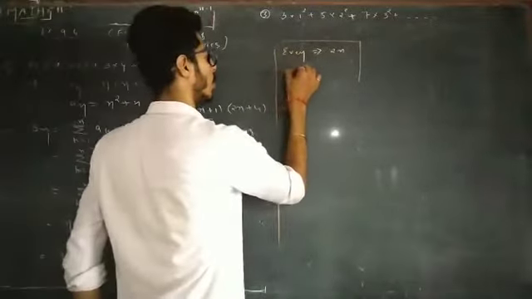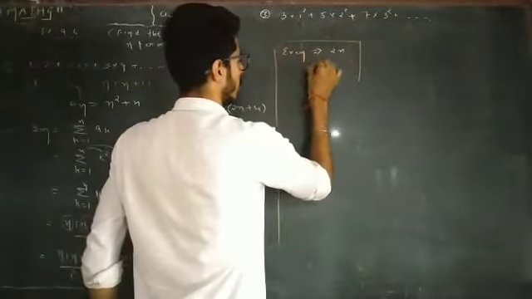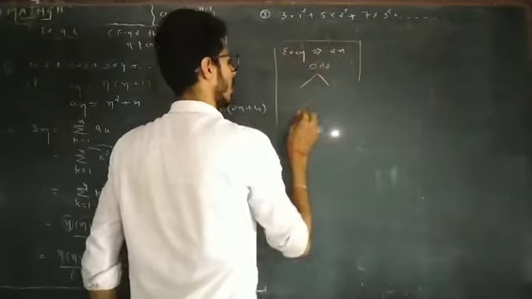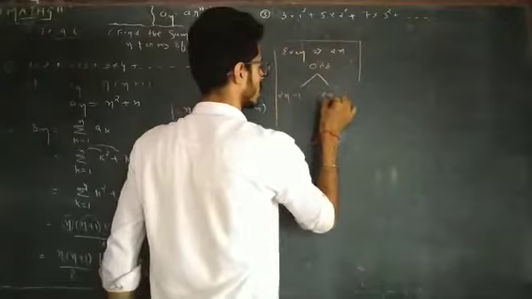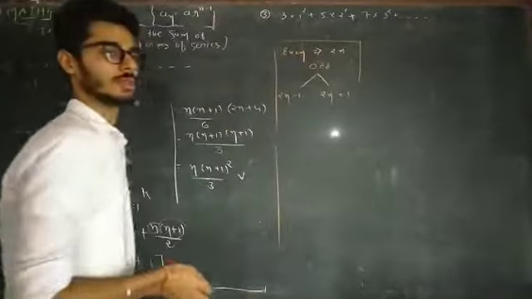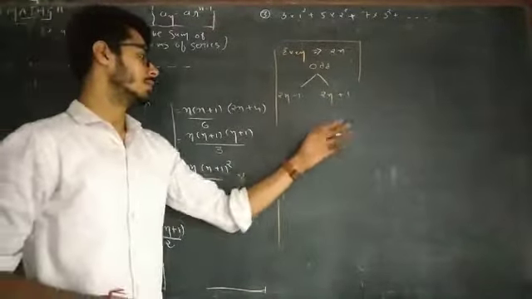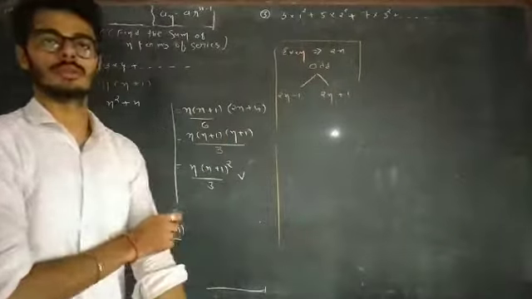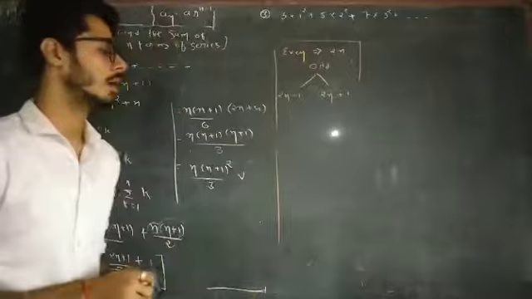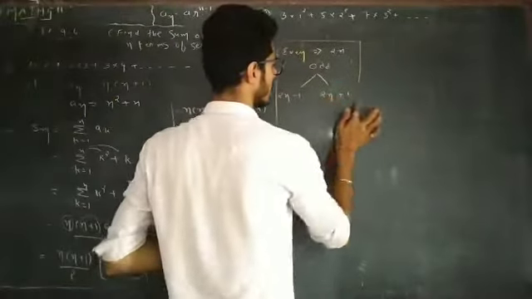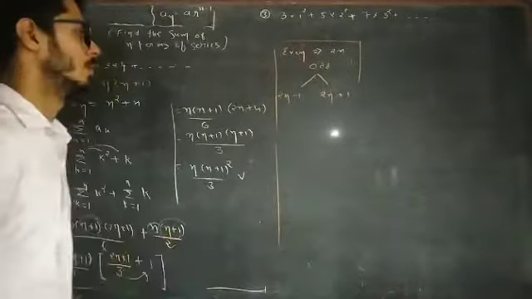And particularly for odd terms, you can guess two types: first is 2n minus 1 and second one is 2n plus 1. When can one use 2n minus 1, and when 2n plus 1?